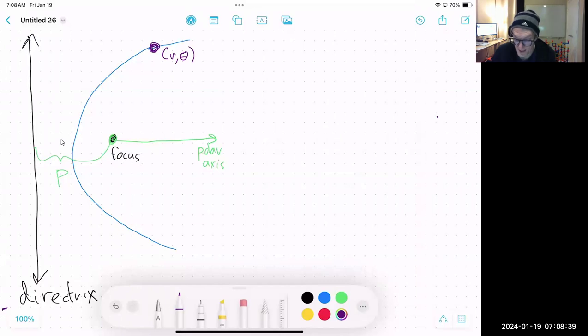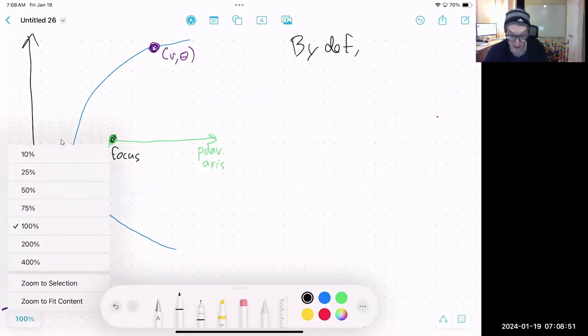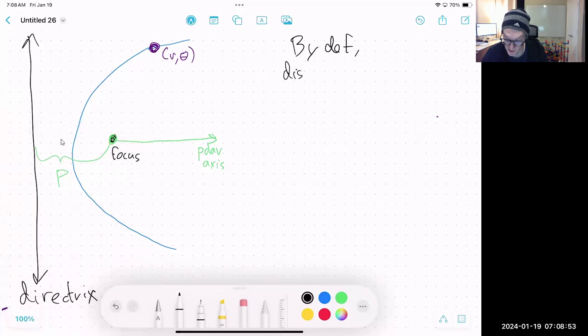Once I decide to call that point r comma theta, now I'm going to apply the definition of the conic. By definition, there's only one thing I know about this conic, which is that the distance to the focus over the distance to the directrix is e, the eccentricity.